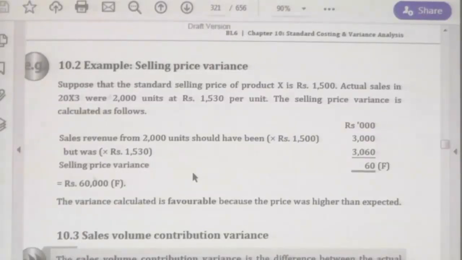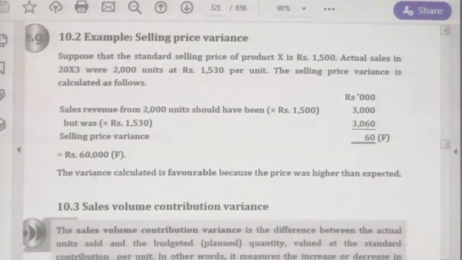That means in sales variances, basically we have to calculate two variances. These two variances are selling price variance and sales volume contribution variance.